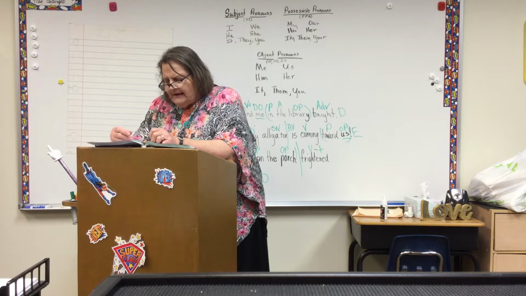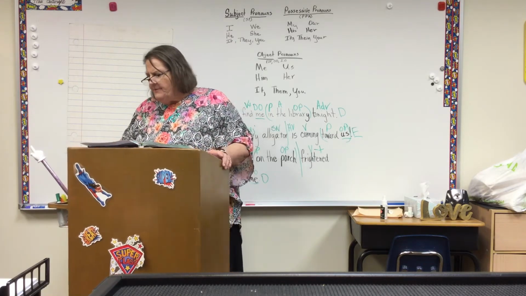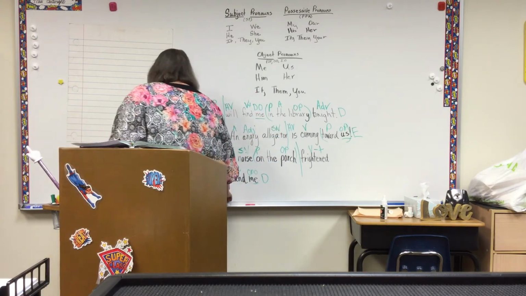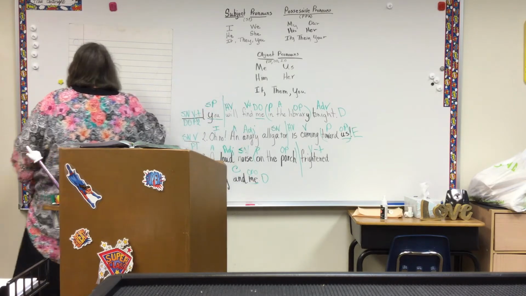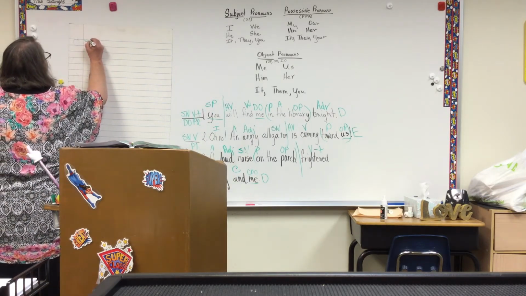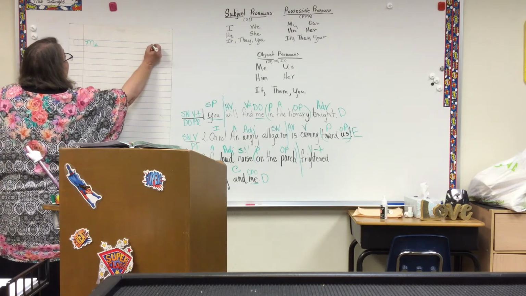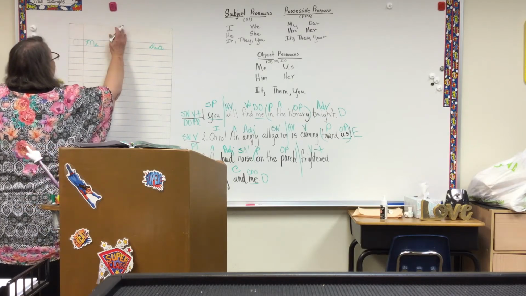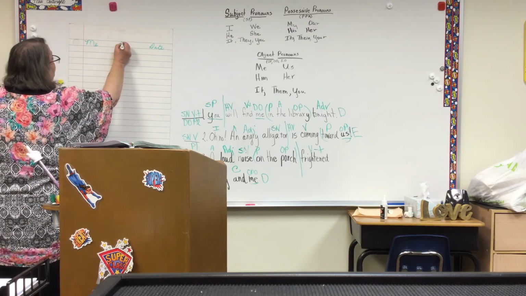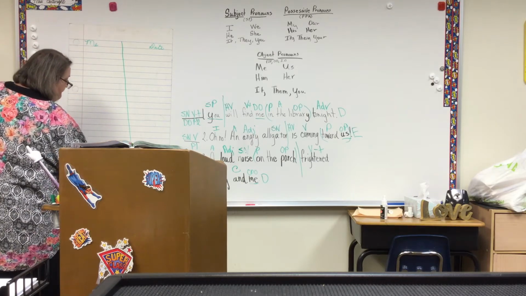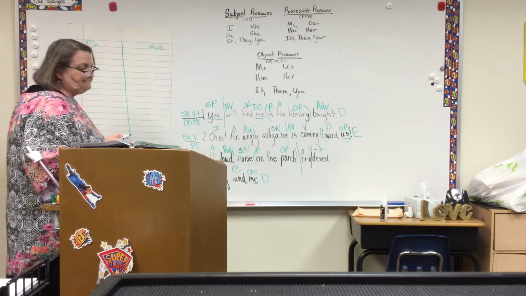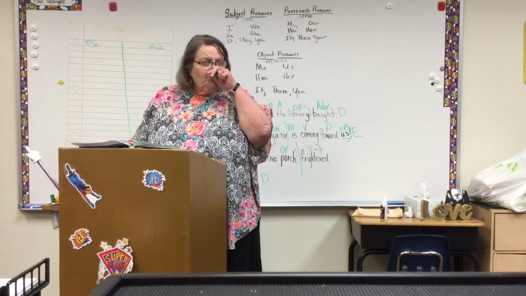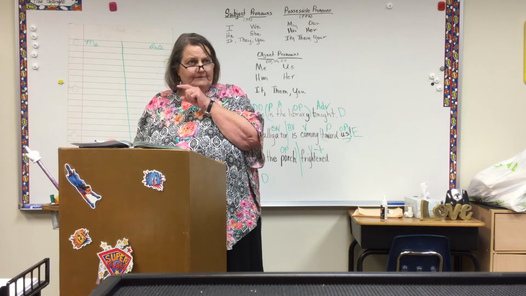What we would do is we would take a piece of notebook paper, and I know how good you are at this. I would want you to write your name at the top, whatever your name is, and then the date. Then you're going to fold this paper in half. Now, what you would do on your paper, you would put a little number over it.